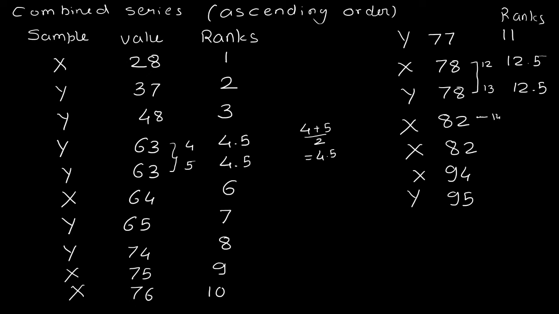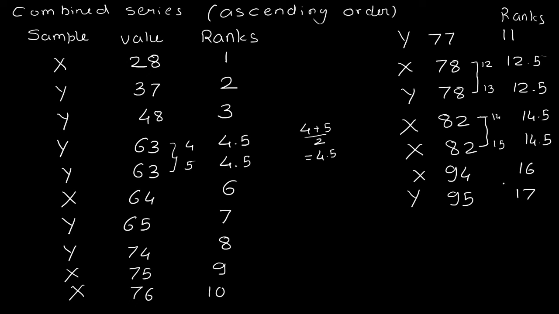But here again there is a repetition, 2 are there, therefore 14 plus 15 by 2, that is the average of these two ranks, that is 14.5 and 14.5. And then 14 and 15 are gone, therefore this is 16, next is 17. So now I have allotted the ranks to each and every value.